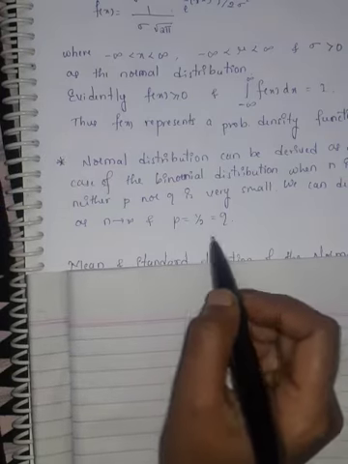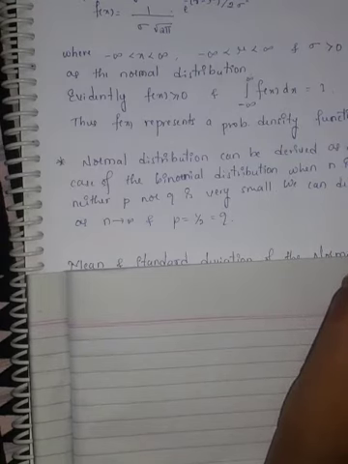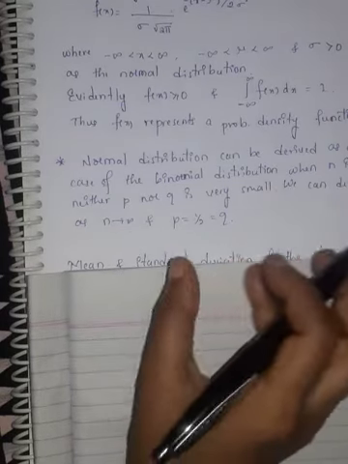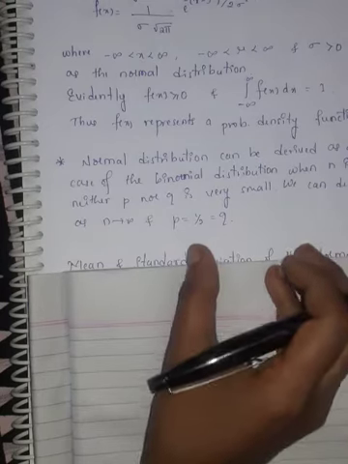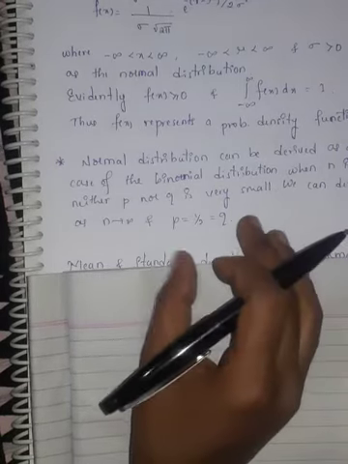Here n is the number of trials. As the number of trials tends to infinity, success and failure have equal chances.